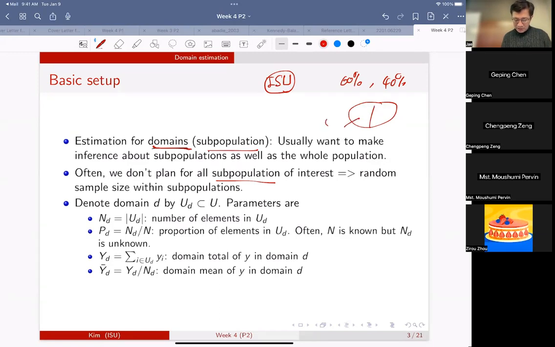Then at the sample level, I may have 50%, 50%. But I know that this is the true population proportion. Then how can I utilize that information? So anyway, we'll worry about this later. This is kind of a post-stratification idea.